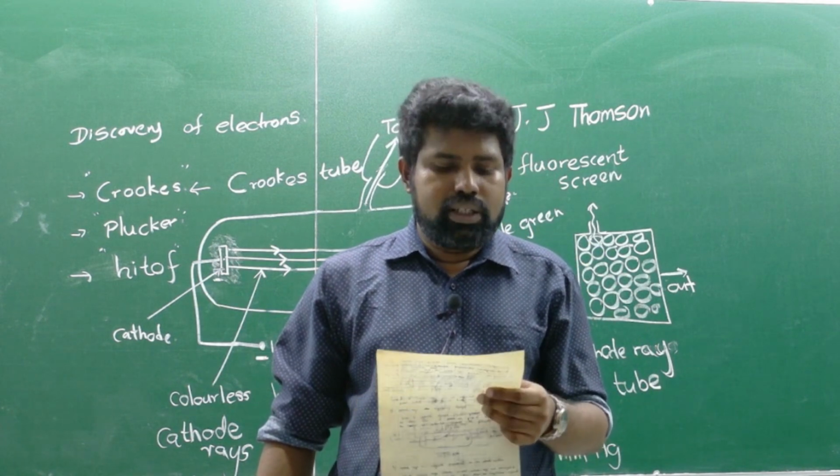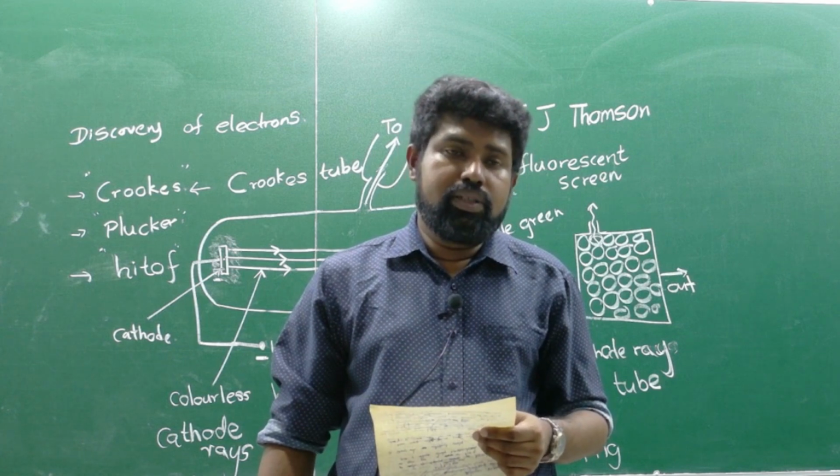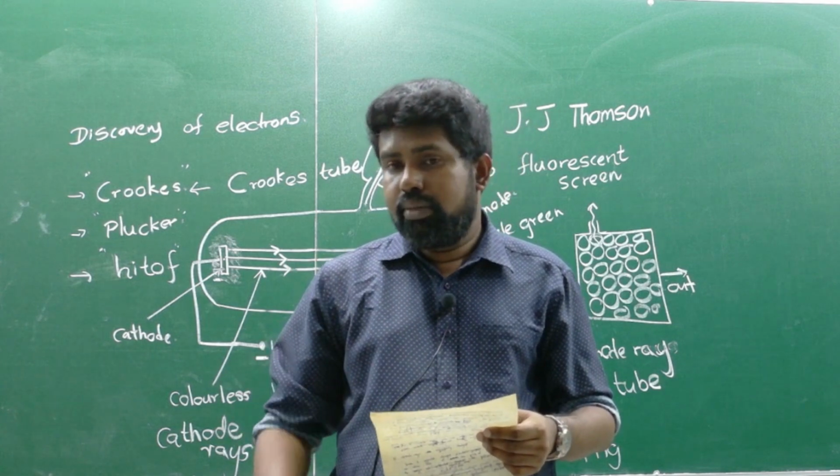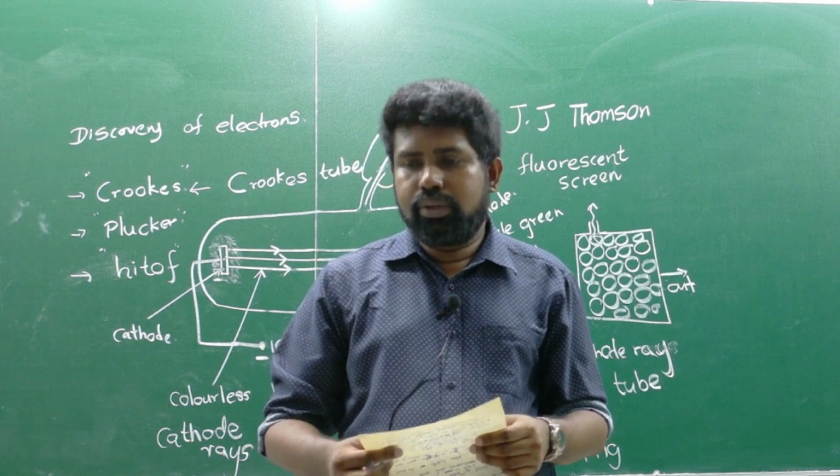Write down the note. J.J. Thomson. It's important, highlight the word scientist. He is the one who found the properties of cathode rays.